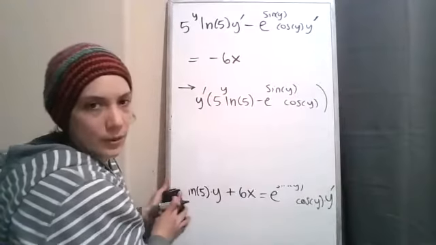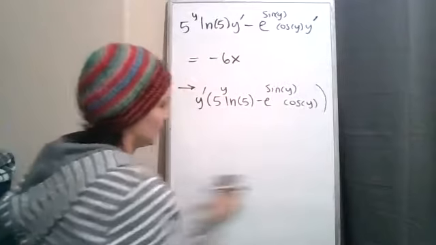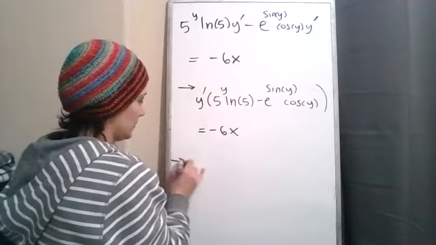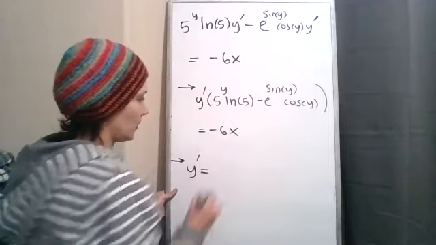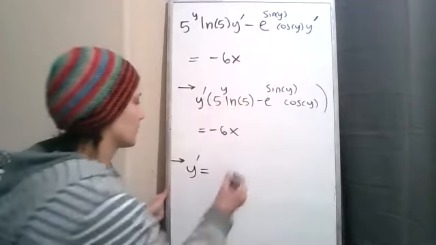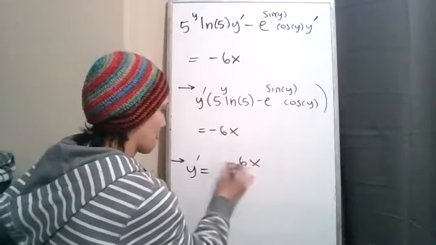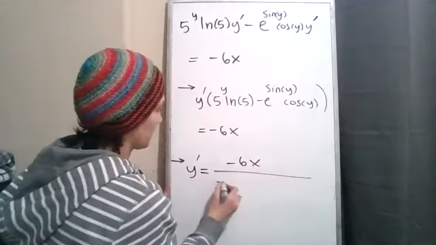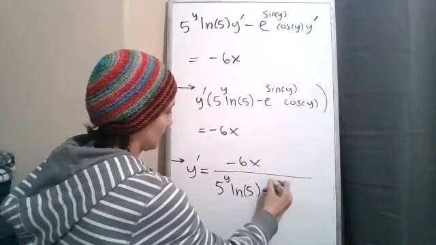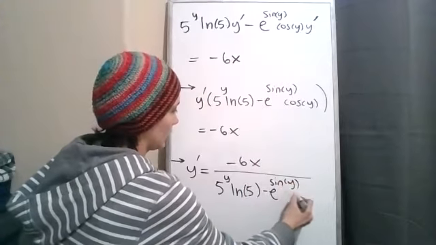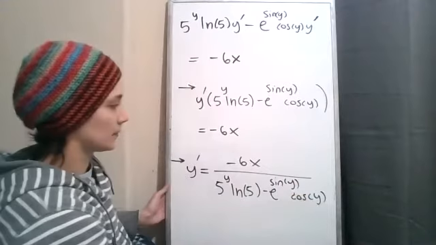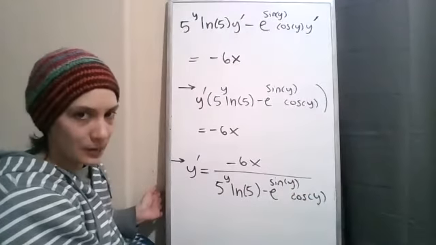And that's all equal to negative 6x. Okay, so y prime would be negative 6x divided by all of that. And we're done.